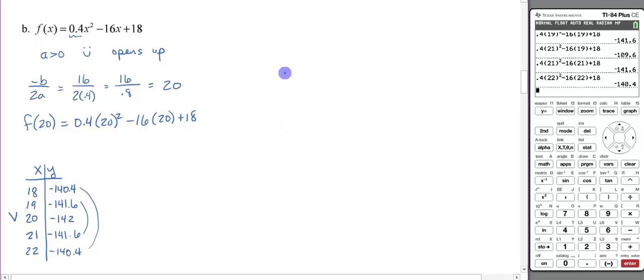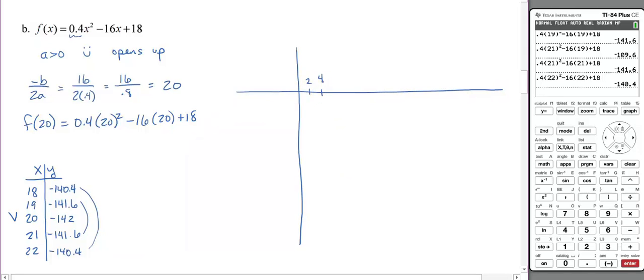Alright, let's go ahead and get a graph going. Then we'll see that we probably will need a little bit more in our table. So we have some larger numbers for x. Let's go by 2's. Since we're going to do a different scale, make sure and show your scale for at least a couple of the tick marks. So we have 2, 4, 6, 8, 10, 12, 14, 16, 18, 20, 22, 24, 26, 28, 30.